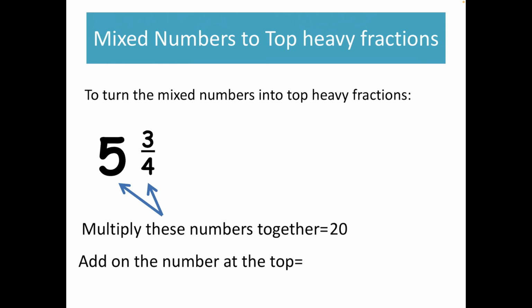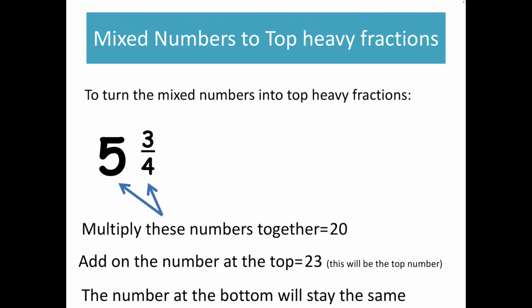Then we add on the number at the top. 20 plus 3 gives us 23. This will be the number at the top. The bottom number stays the same, which gives us a top-heavy fraction of 23/4. Okay guys, I would like you to pause this video and please take down this example into your copybooks.